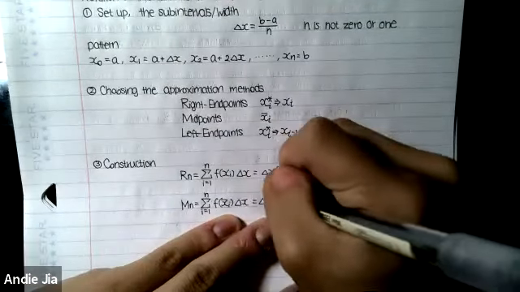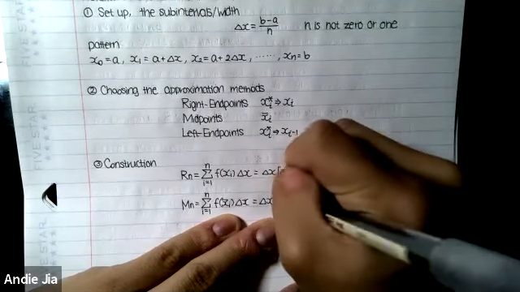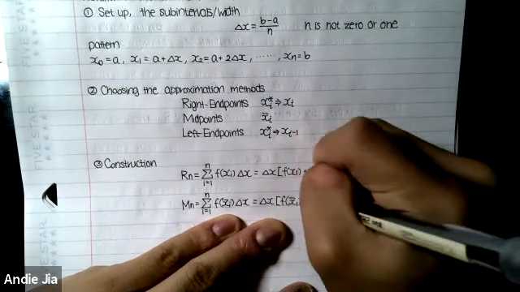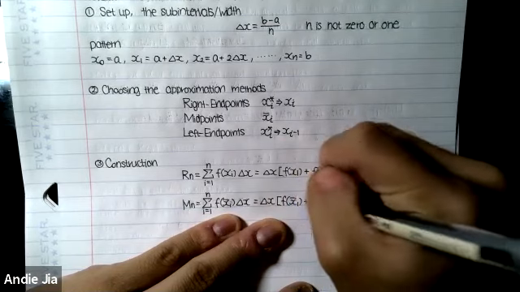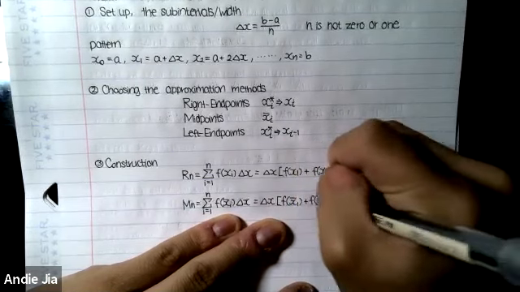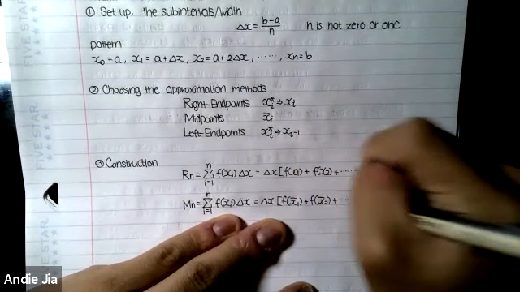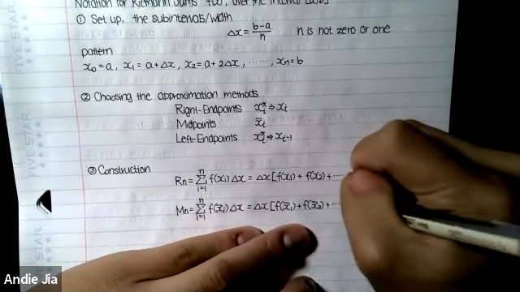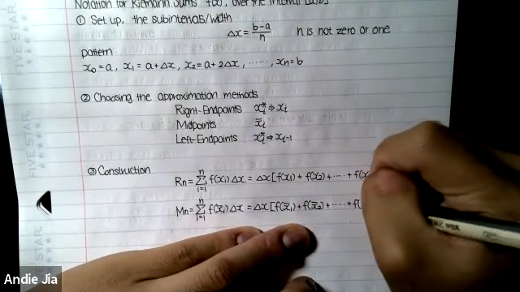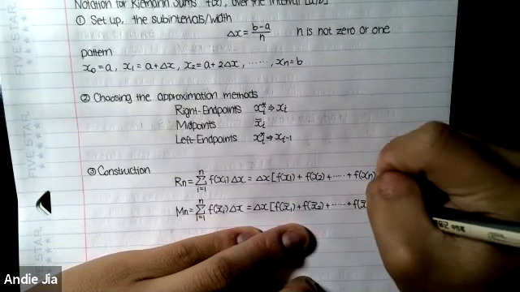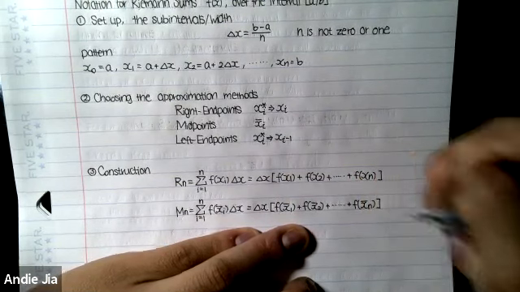We have it as f of x bar 1 plus f of x bar 2, and so on, up to f of x bar n.